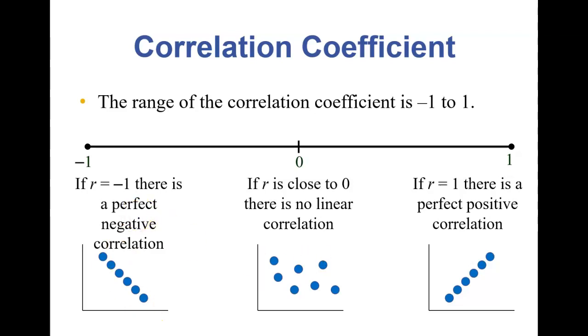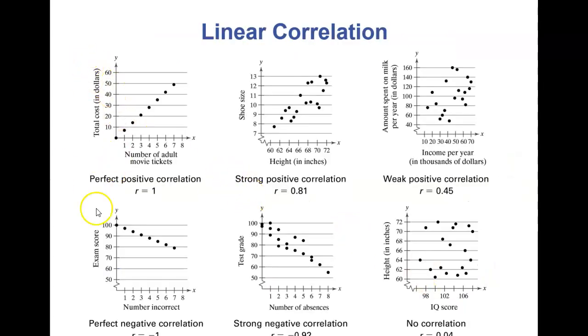And keep in mind, r is the correlation coefficient of the sample, and rho is the correlation coefficient of your population. So right now you're looking at r, which is sample, and rho is population. Here you have different examples of correlation coefficients. This is a perfect positive. Look at how the graph is going all the way up. This is a strong positive.